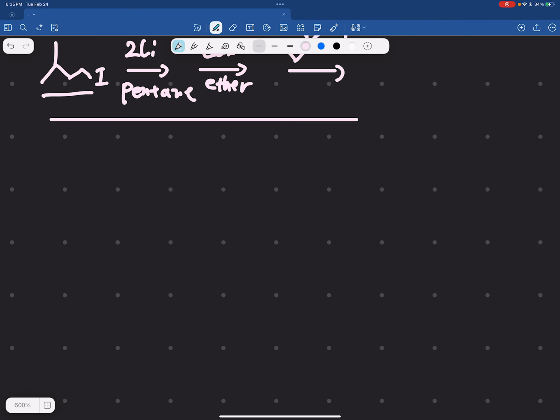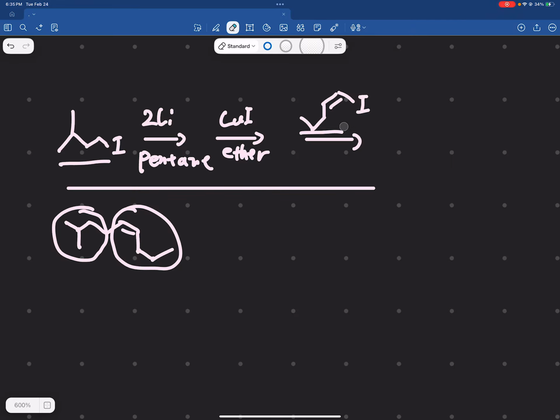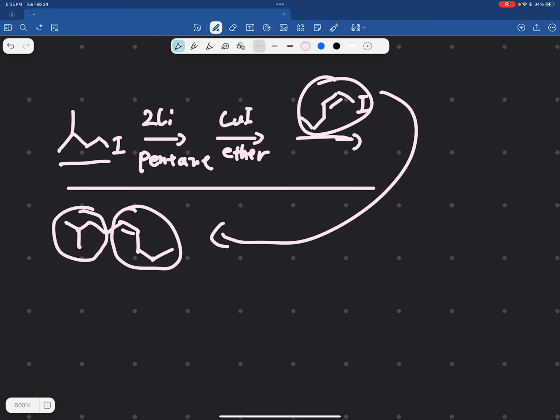So this is going to result in a compound that looks like this, where this is what you originally had, and this is where you're attaching. You're forming a lithium diorganocopper compound, and with that, you're going to add this compound onto here.